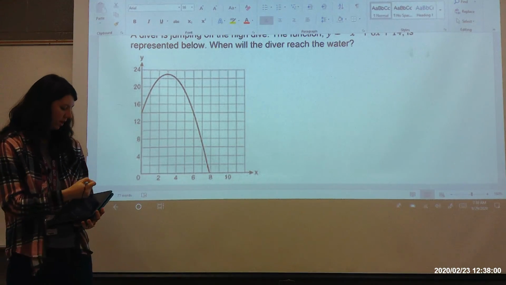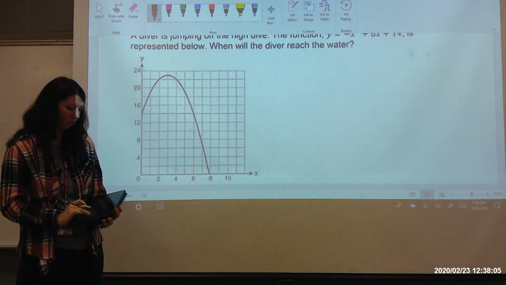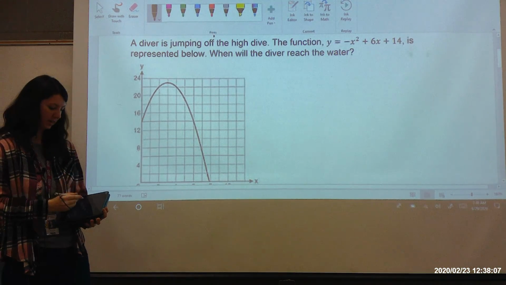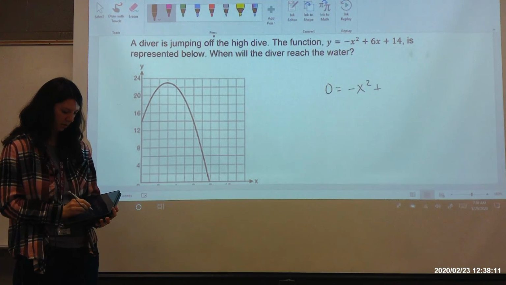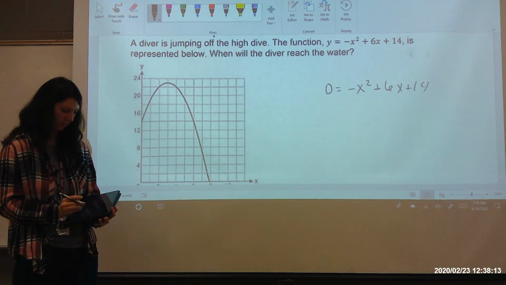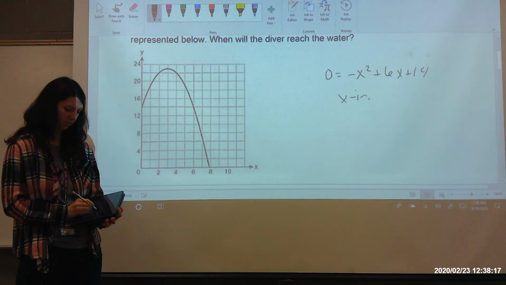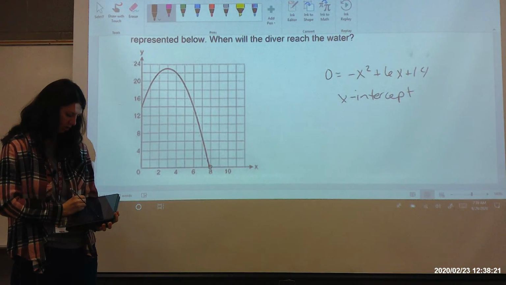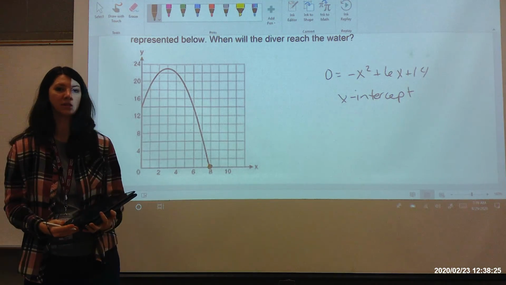Okay, so in our equation, we're looking at when is our y, our height, 0. All right, so we can look at the graph and know, oh, we need to look at our x-intercept. That is a solution to our quadratic when our quadratic is equal to 0.